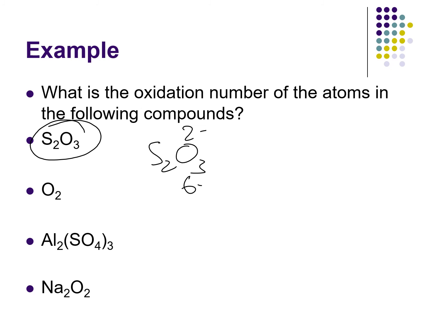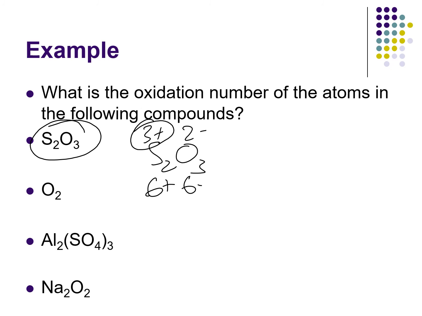So that means if there's 6 negative charges, there also has to be 6 positive charges because the compound's neutral. The oxidation numbers have to add up. So what does sulfur have to be in order for 2 of them to equal 6 plus? That would be a 3 plus. So in this case, the sulfur would have an oxidation number of 3 plus. The oxygen would have an oxidation number of 2 negative.